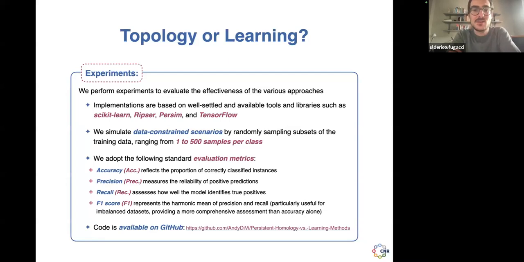In our analysis, we adopt pretty standard evaluation metrics like accuracy, precision, recall, and the F1 score. And in order to enrich our analysis by trying to understand which parameters play a crucial role, we decide to simulate data-constrained scenarios by considering random subsampling of the training data.